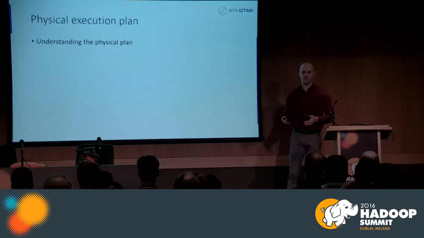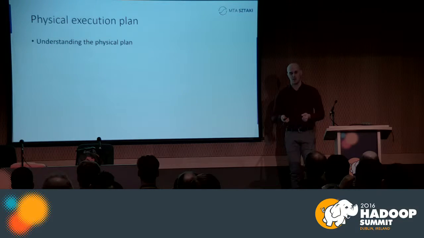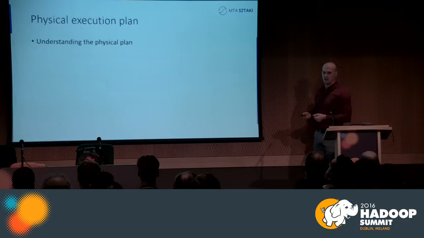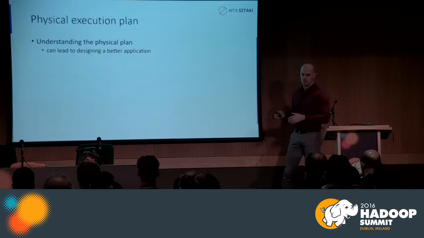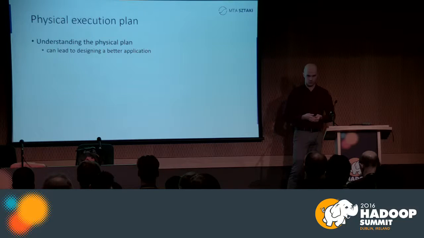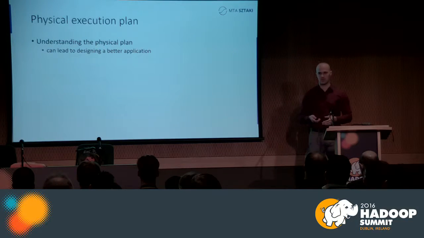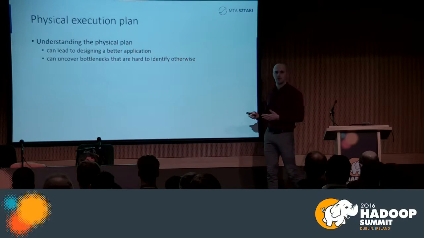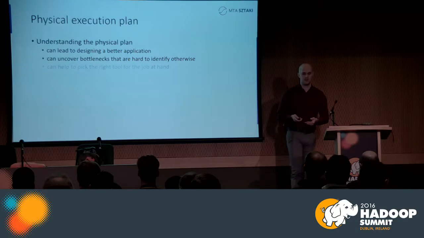So for that matter, we wanted to first understand the physical plan. And understanding the physical plan can lead to designing a better application, as we found out. It can help us to uncover bottlenecks that are really hard to identify otherwise.